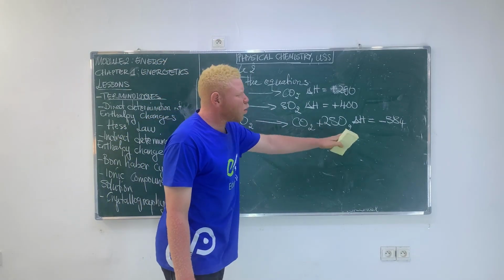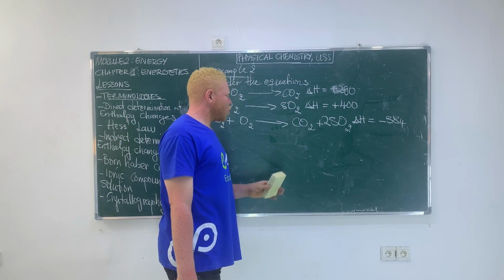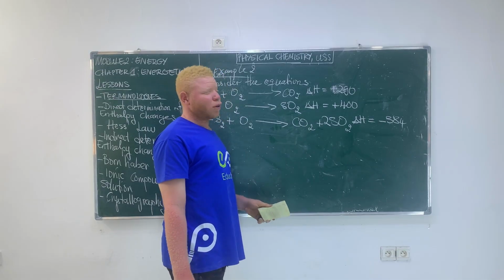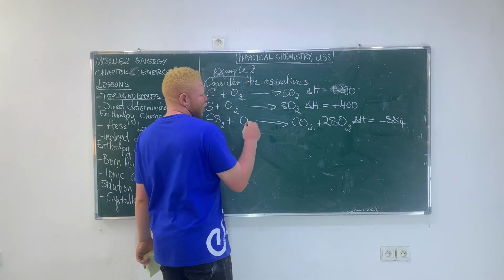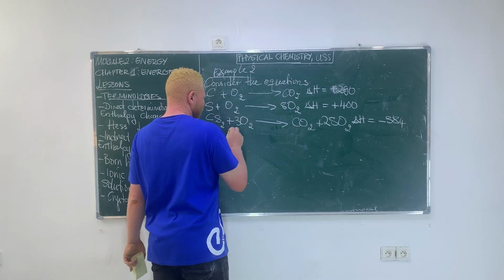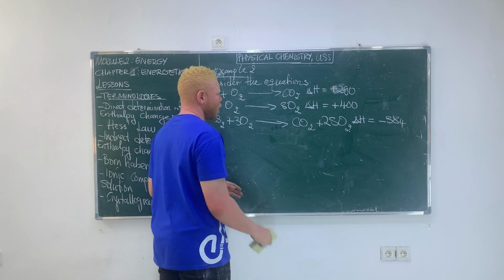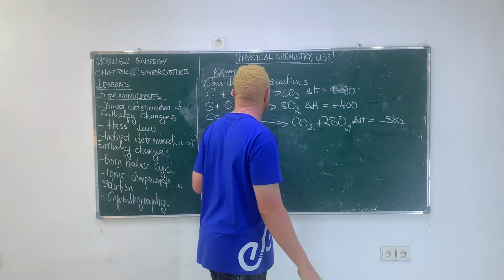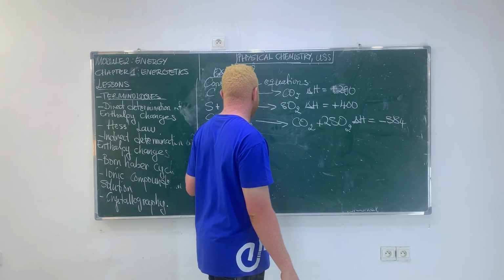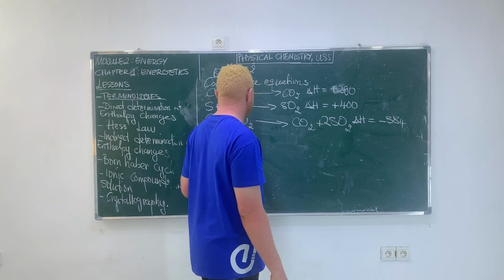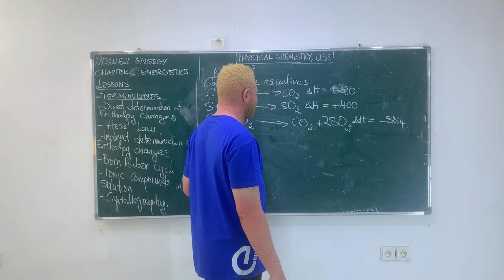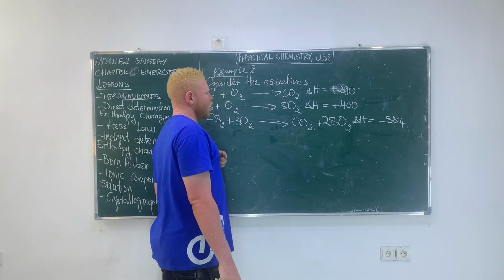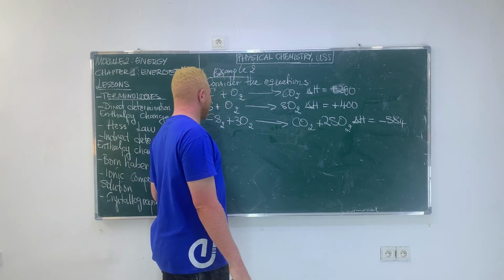Sorry, 2 times O2 is 2O2, plus O2 is 6O2. So here what should I do? I put 3. The equation is balanced. So it's balanced.